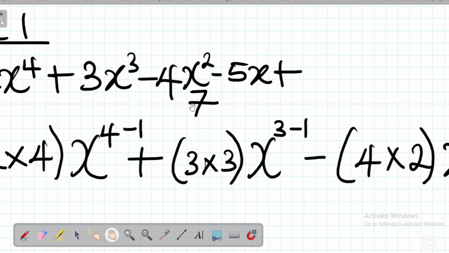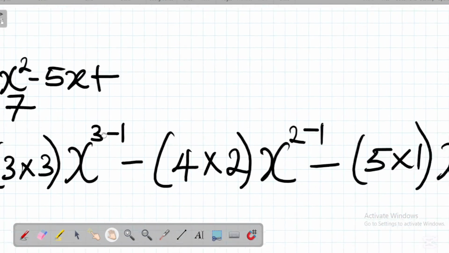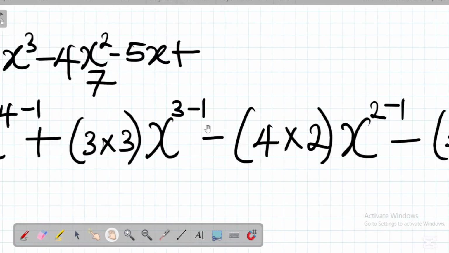If you differentiate 7, it will give you 0 because 7 is a constant. If you differentiate a constant, it would give you 0. That's why we have 0 here.